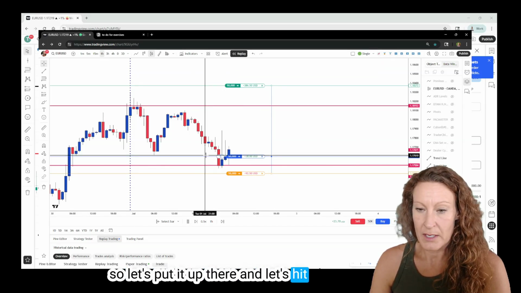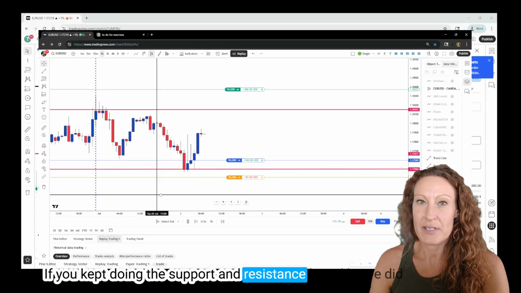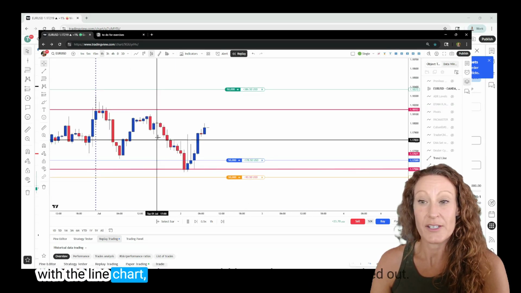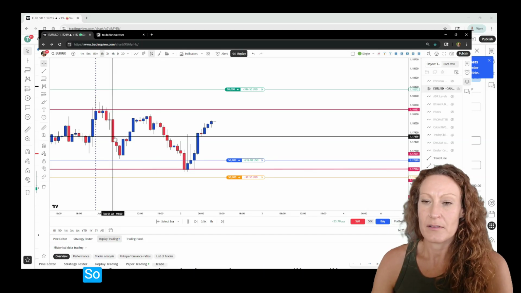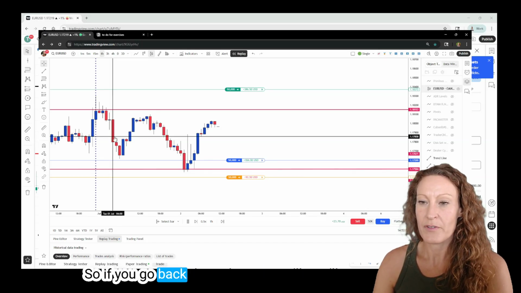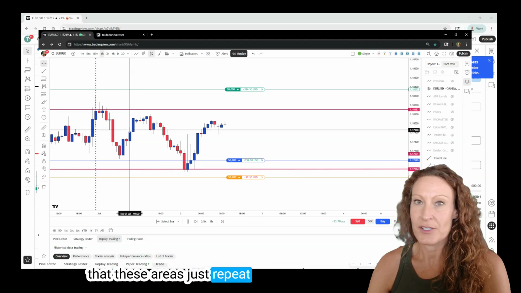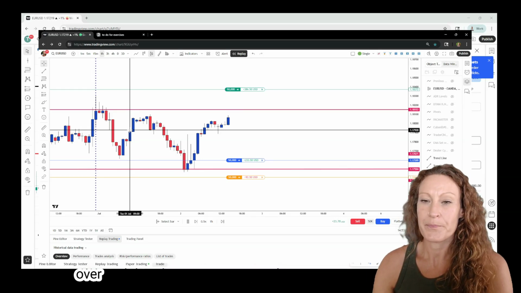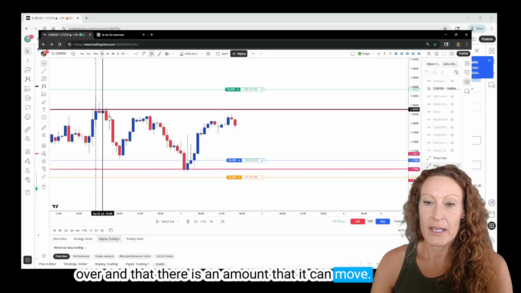And let's hit play. If you kept doing the support and resistance lines like we did with the line chart, you would have these areas marked out. So if you go back through time, you'll see that these areas just repeat over and over and over. And that there is an amount that it can move.